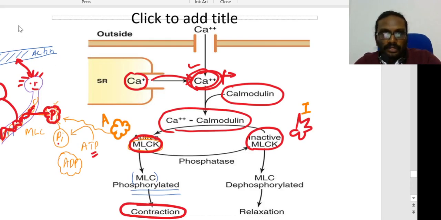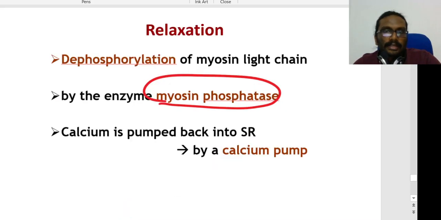So here we already have the phosphates attached, and now what is required is we have to remove this phosphate, and to remove this phosphate we have the enzyme called myosin phosphatase.